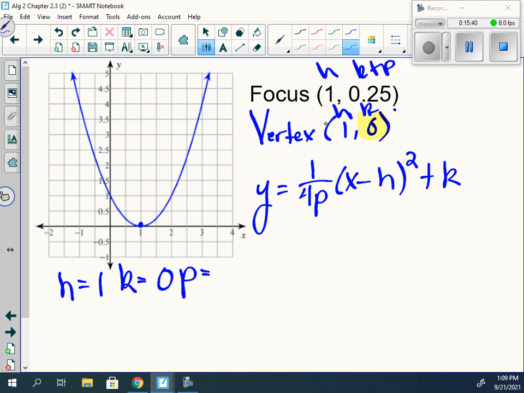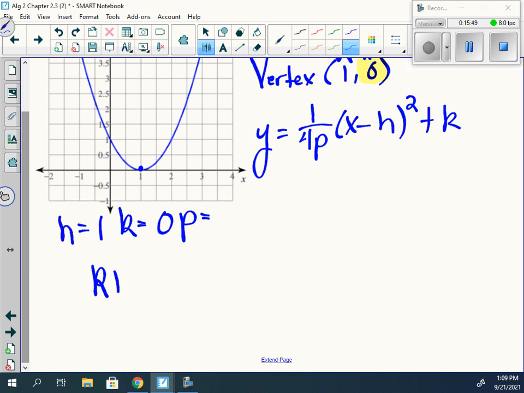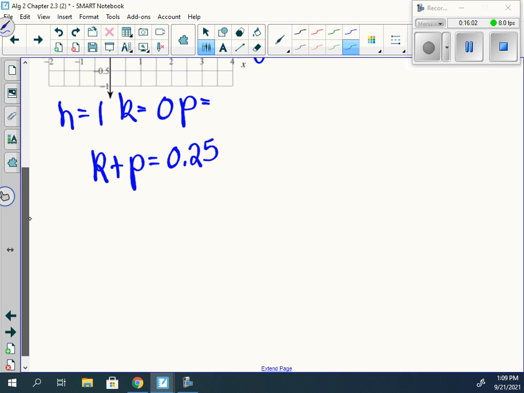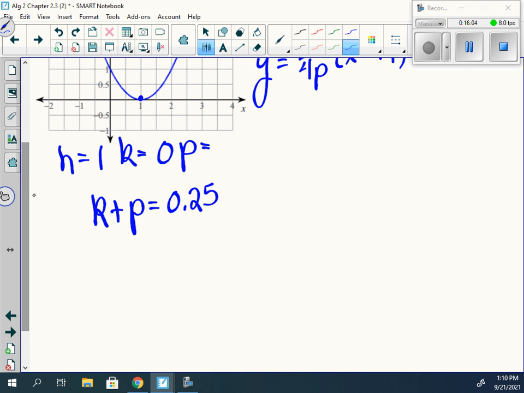I wrote the vertex below the focus. So our k plus p is our 0.25. What is k? 0 plus p is 0.25. So p is 0.25.